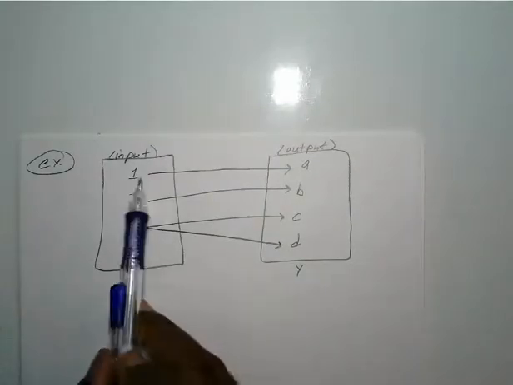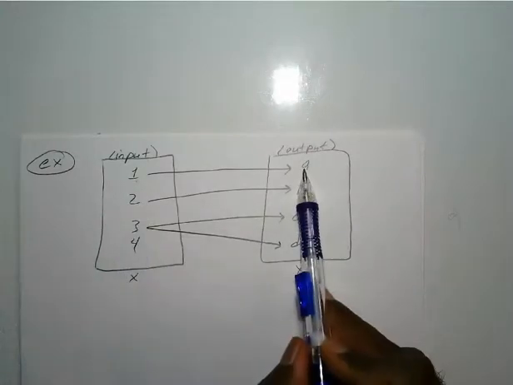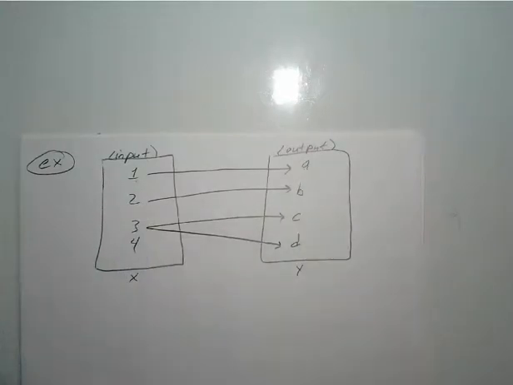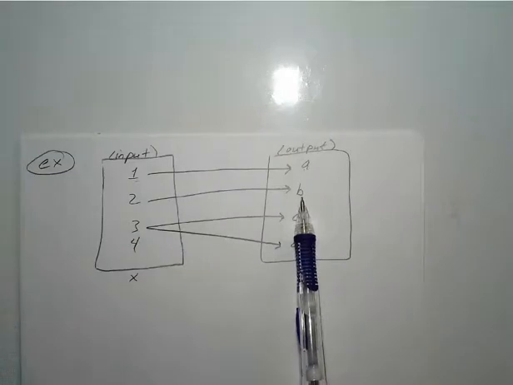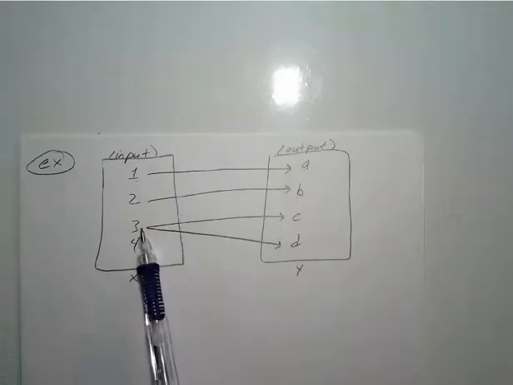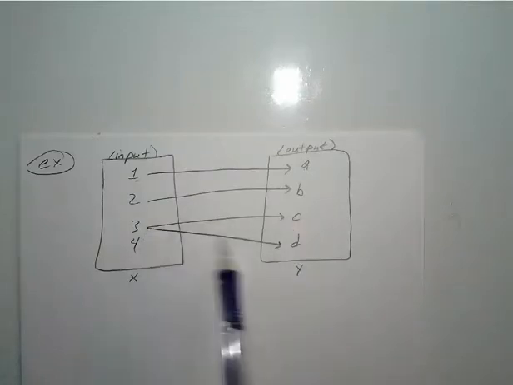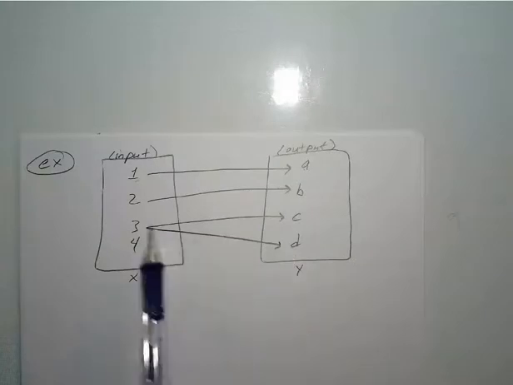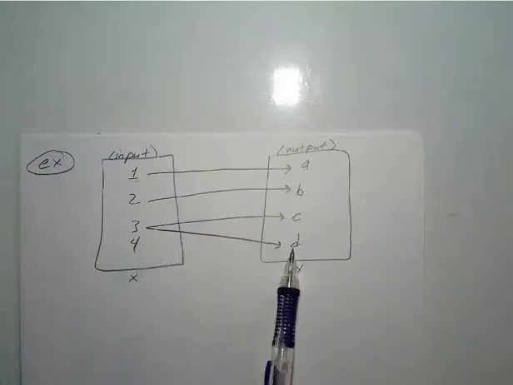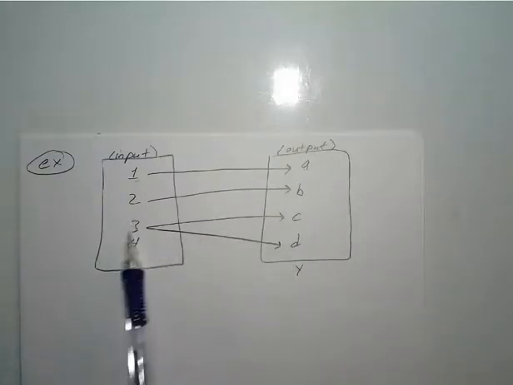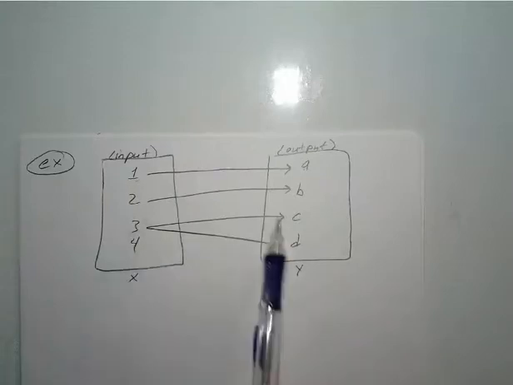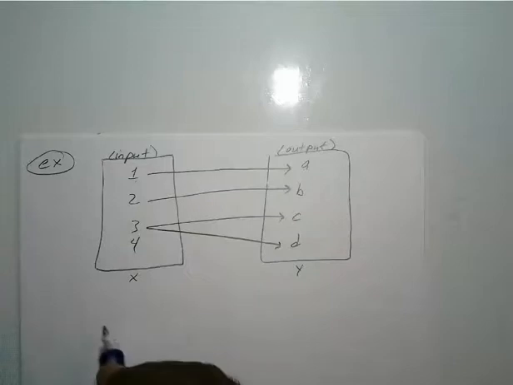So x equals 1 has an output of A, x equals 2 has an output of B, x equals 3 has an output of C, but x equals 3 also has an output of D. Each x can only have one y, and x equals 3 has two y values, C and D. So this is not a function.